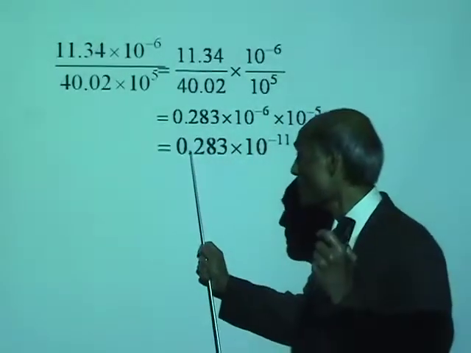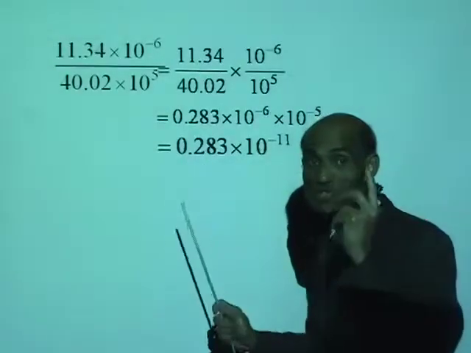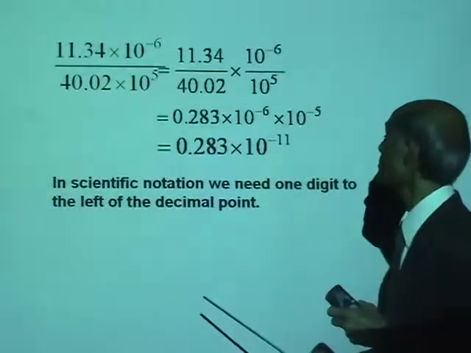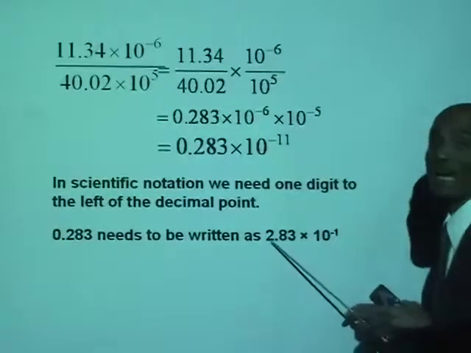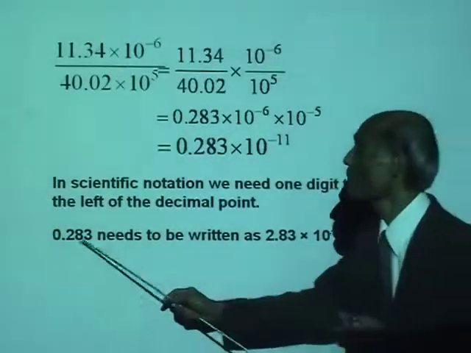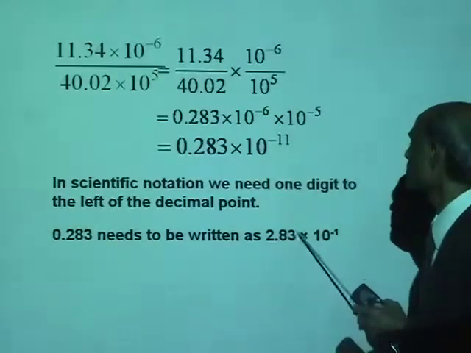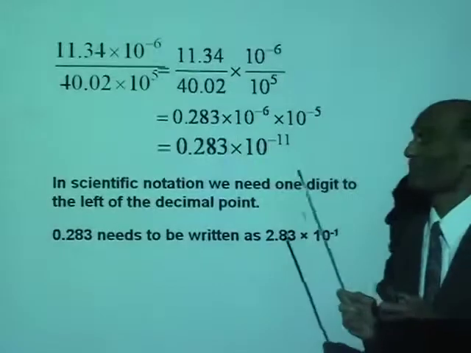This is a small number. We move the decimal to the right. That means it is a negative 1. So 0.283 is now written as 2.83 times 10 to the power of negative 1.